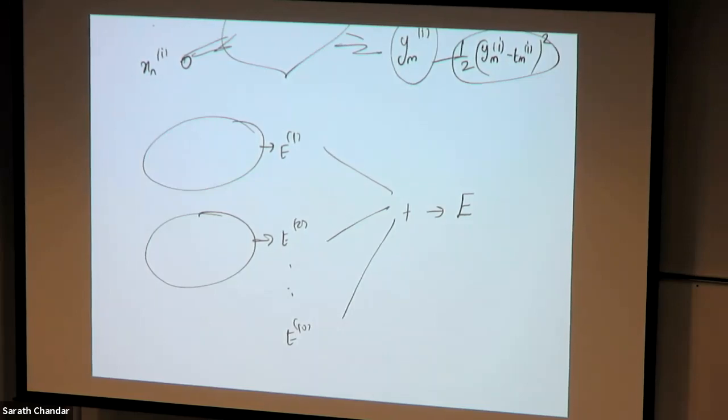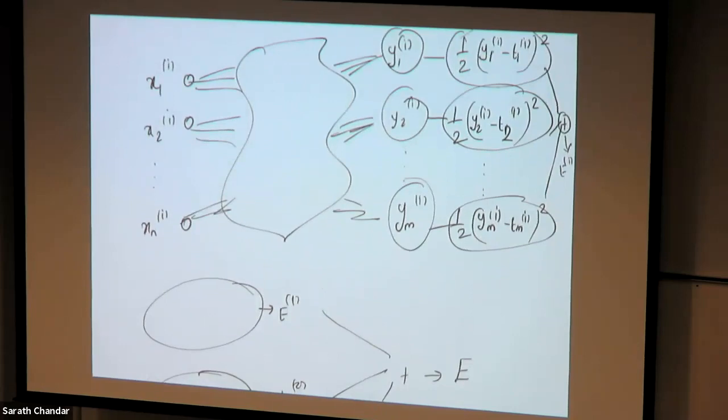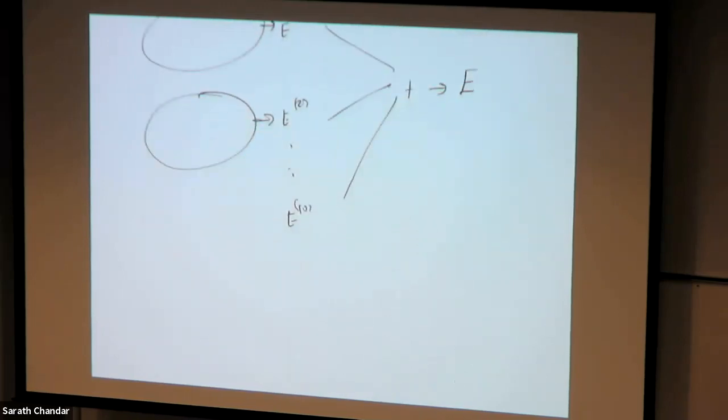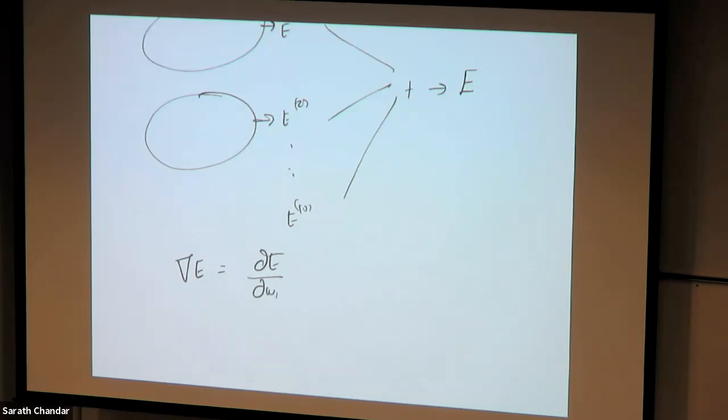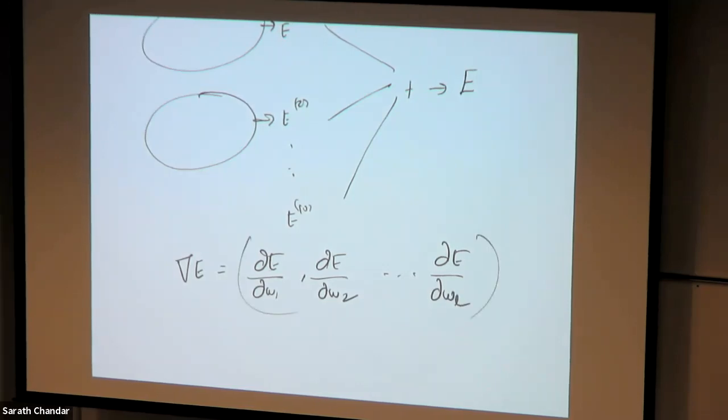Now, once I have everything represented as a graph, I'm going to show you a method to compute the gradient directly from the graph by using dynamic programming. Our goal is to compute del E, which is dou E by dou W1, dou E by dou W2, up to dou E by dou WL, where L is the total number of parameters in this neural network.